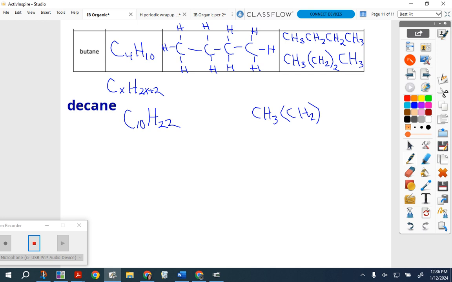Yep. So we've got our 2 carbons on the ends, anchoring it, and we've got 8 more carbons in the middle. Okay, so that's pretty straightforward.